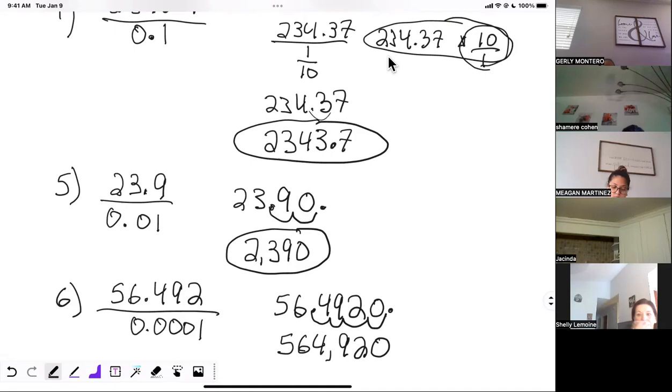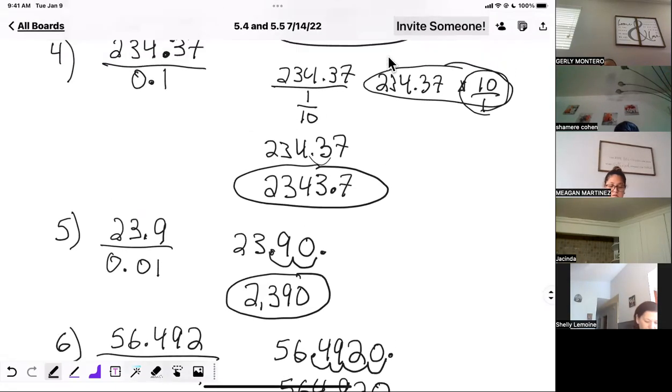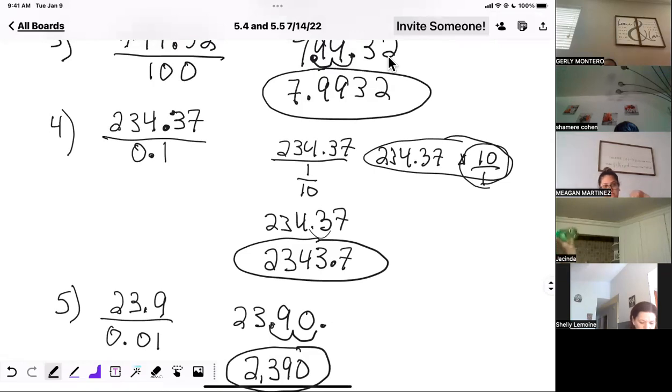I was a little confused on number 4. Oh, when I tried to show you what's multiplying by a power of 10. Is dividing by 0.1 really multiplying by 10? I think it's just because you used a fraction. Maybe my brain is not understanding. Yeah.